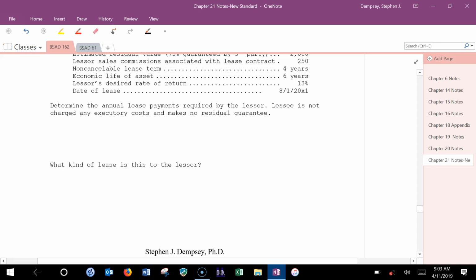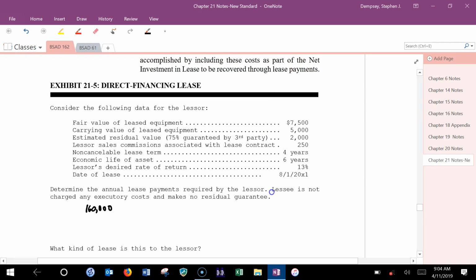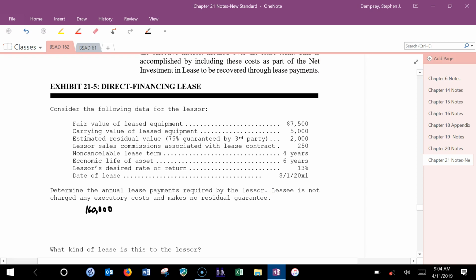So lessee is not charged any executory costs and makes no residual guarantee. I'm making that clear in this problem. Well, what would the lessor do to figure out what the payment should be? They want to recover an asset that has a value of, no, I'm sorry, not 100. We're working with a different problem. 7,500.